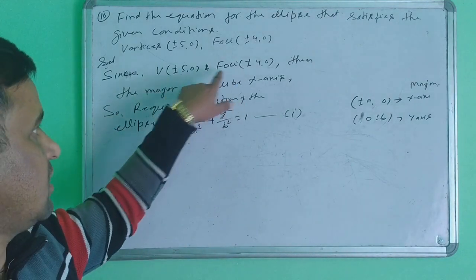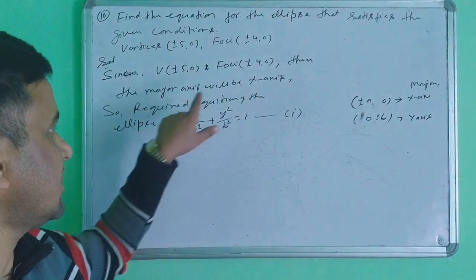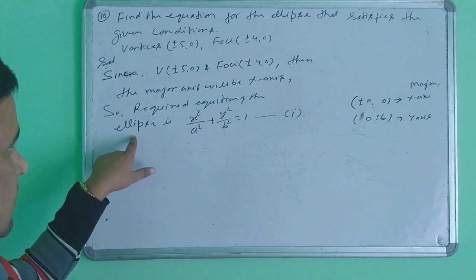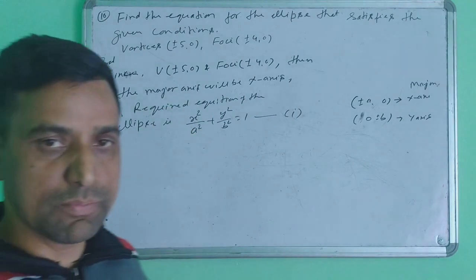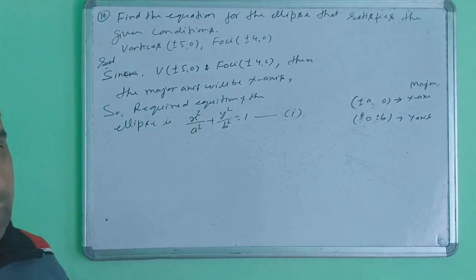In this condition, when the vertex is this and the foci this, your major axis will be the x axis. We have given the reason here, and then the equation of the ellipse will be in this form. When the x axis is the major axis, the equation of the ellipse is x square upon a square plus y square upon b square equal to 1.